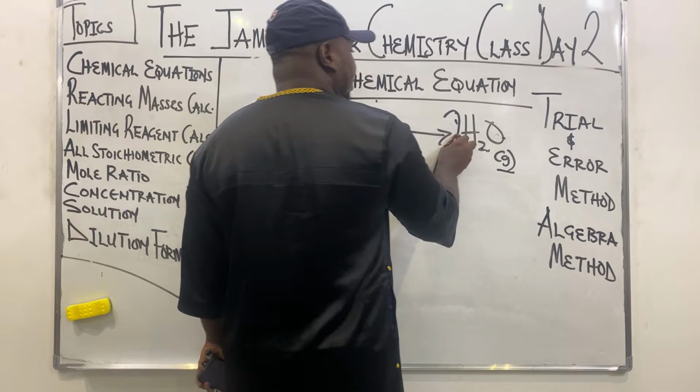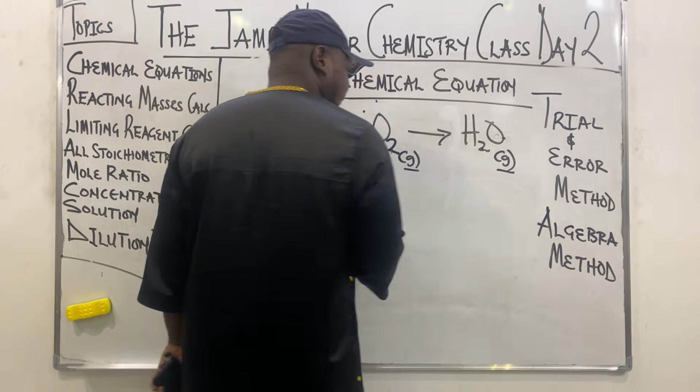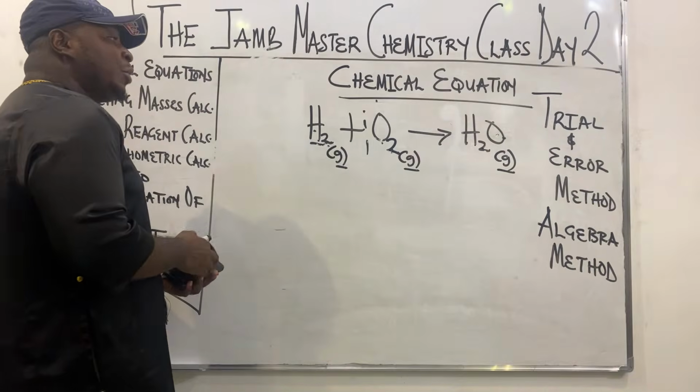So let's return the equation back to its former state. How to balance chemical equation by algebra method.